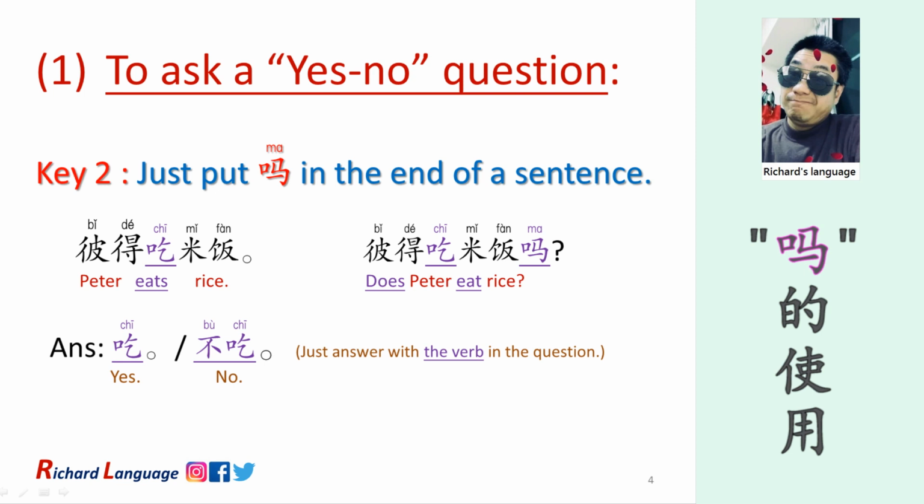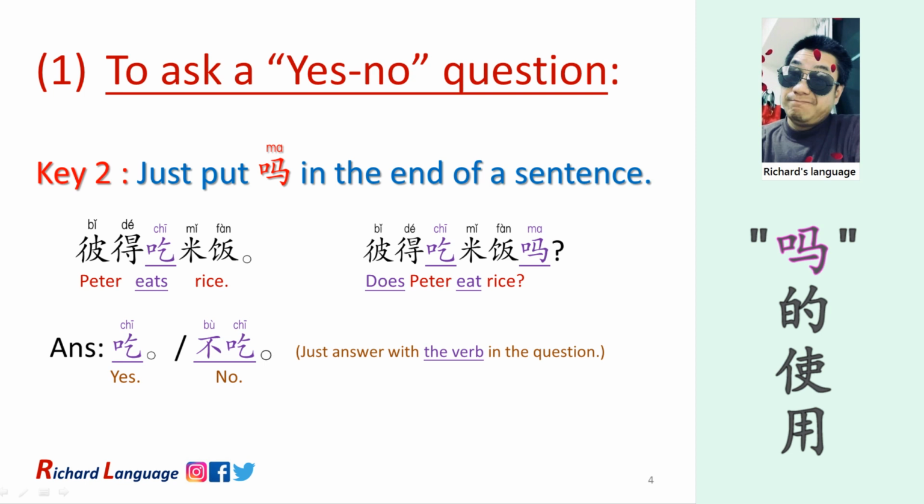彼得吃米饭。Peter eats rice. How do we change this sentence into a yes-no question? Yes, we need the word 吗.